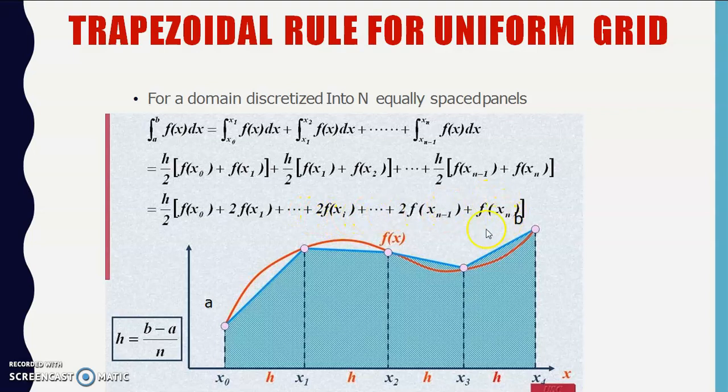So we can summarize this formula as h upon 2 into, in bracket, first value plus last value plus 2 into the addition of the remaining values.